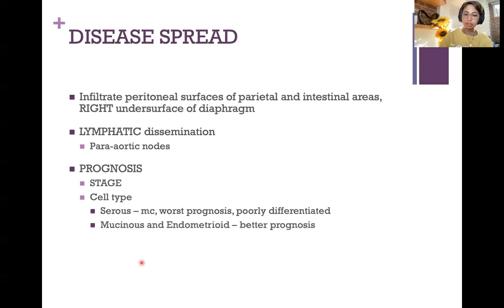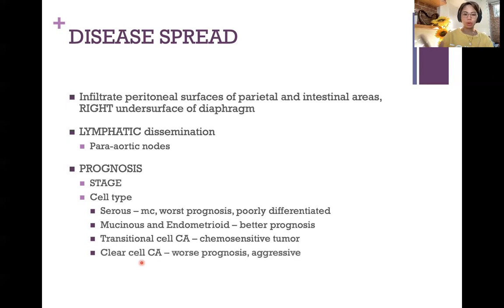Mucinous and endometrioid have a better prognosis. Transitional cell carcinoma is a key, most sensitive tumor. Clear cell, as I said already, has worse prognosis and is aggressive. And of course, prognosis relies on the remaining or residual tumor after resection. That is why the goal of surgery is to remove everything that can possibly be removed.